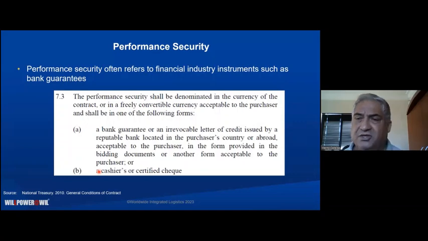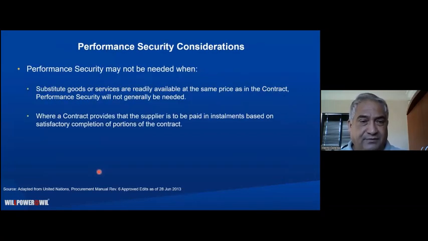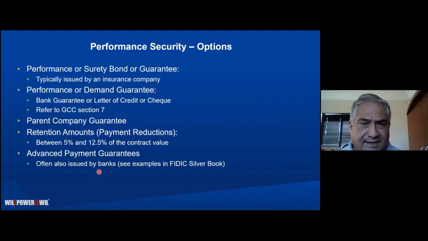So you can make use of financial industry instruments like a bank guarantee, or sometimes a letter of credit. There are different types of performance securities. The one is what you would call a guarantee, and we'll go through some of those different products now.